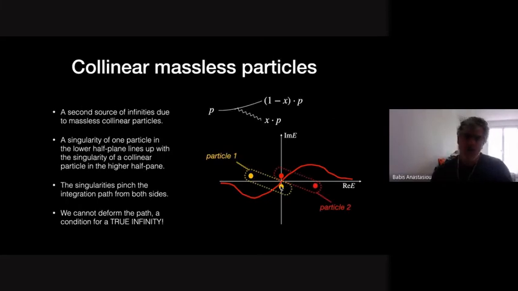The other situation with massless particles in your process is when you have collinear emissions. Then one pole from one propagator aligns with a second pole from a different propagator, the particle that is collinear to the original one. And again, you have a situation where you cannot deform the contour.